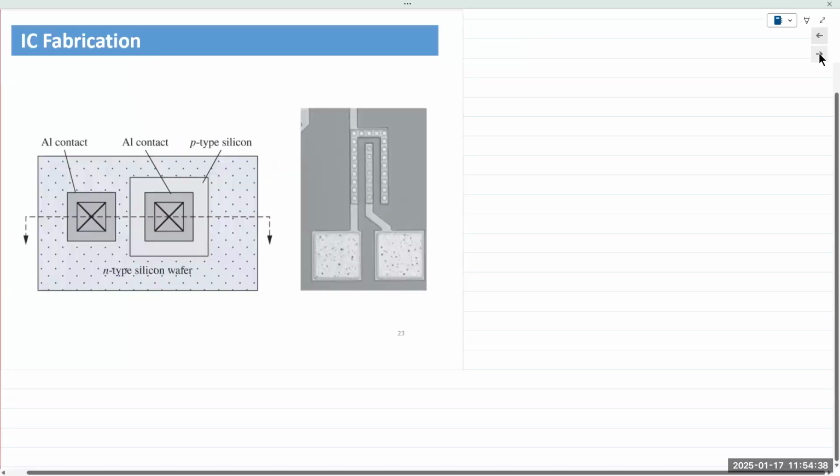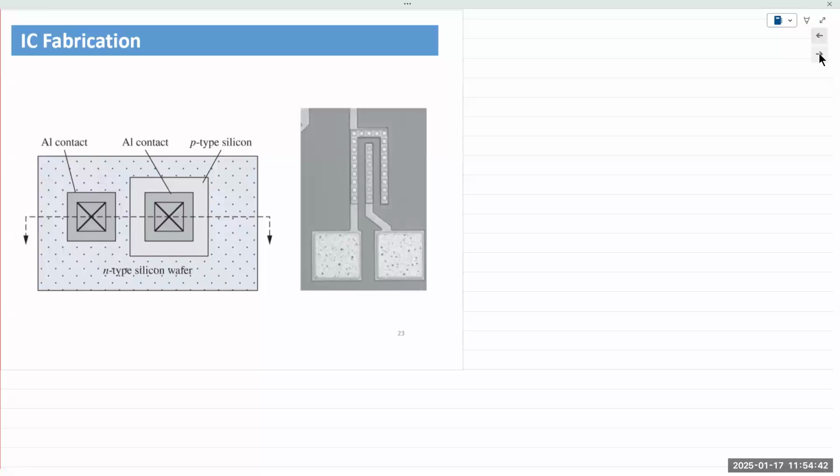Okay, so just a couple more slides in the last 5 minutes. We talked a lot about semiconductor physics, right? From this point on, we'll deal with a little bit of semiconductor physics for each of our devices, and then the primary objective is to look at circuits with these devices.